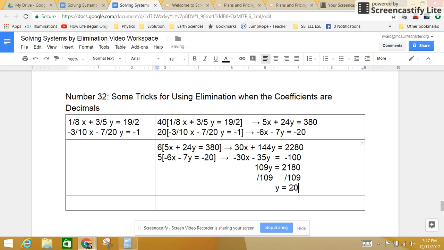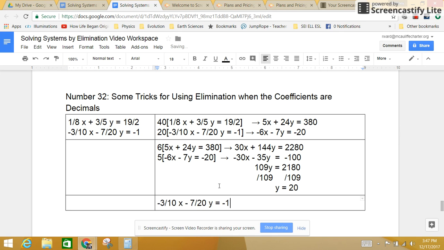Okay, at this point, I'm going to go ahead and plug y into one of the equations, because finding an equal or opposite coefficient for 24 and 7 feels like a lot of work. So I'm going to pick this equation and try and get it to solve for x.